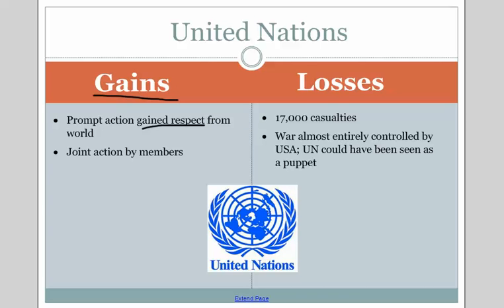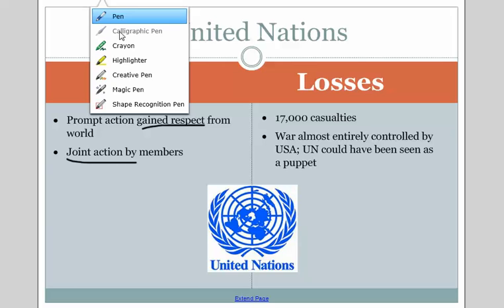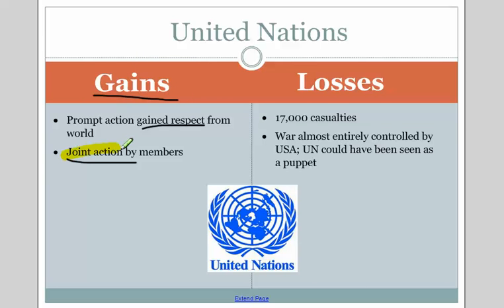This is really their first kind of test for the United Nations. They had never been involved in something like this before. And it was joint action by the members. So the members of the United Nations really came together to gain respect, to act quickly, and to do what the people wanted. However, there are 17,000 casualties from the United Nations troops.